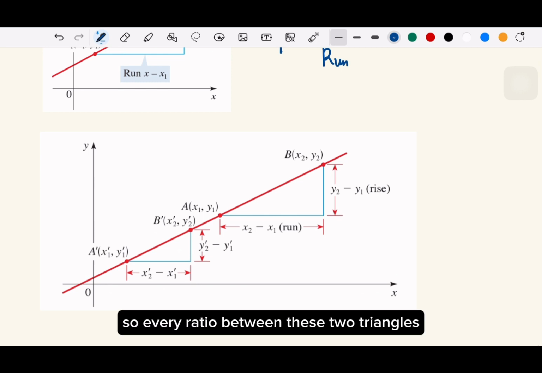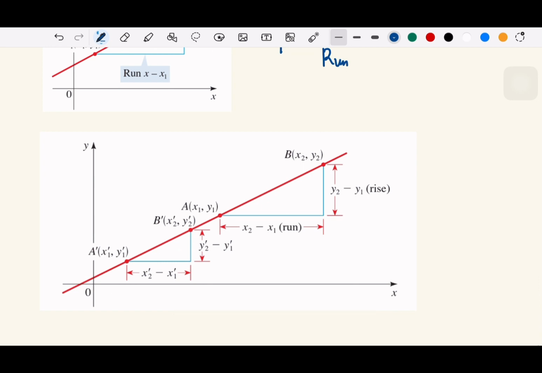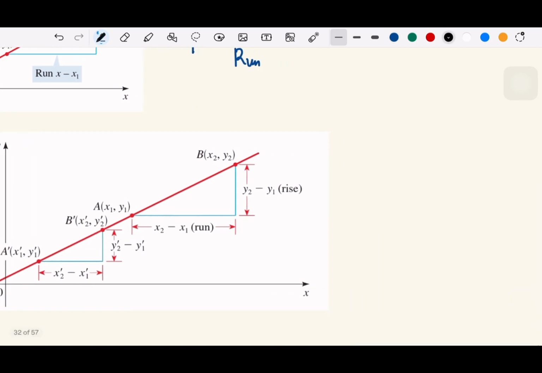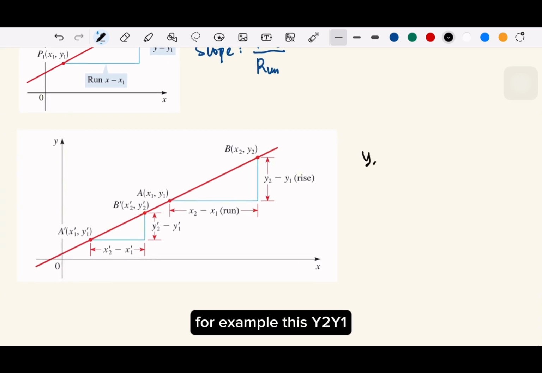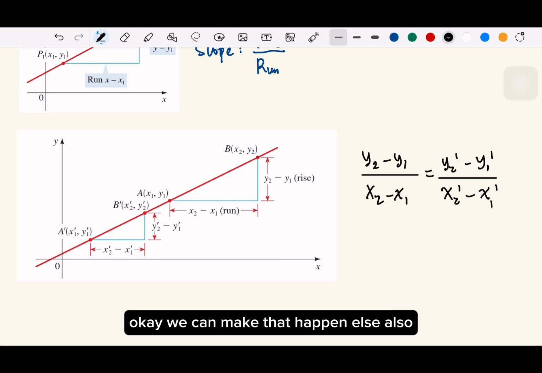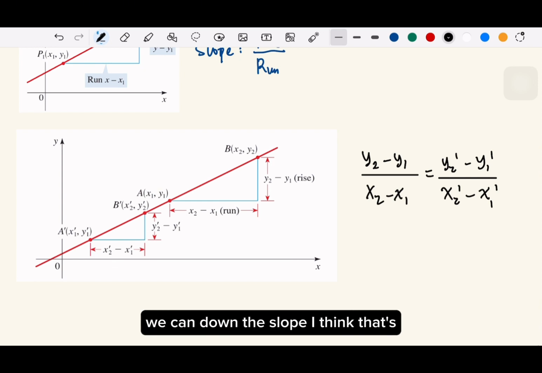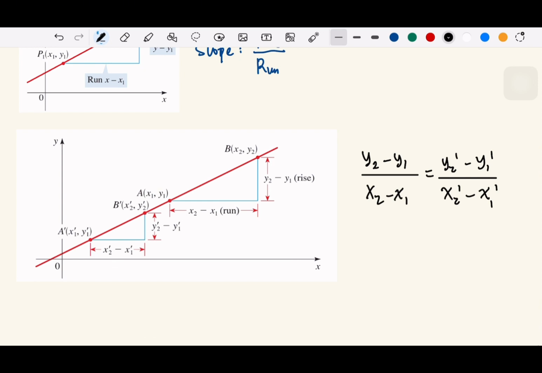Every ratio between these two triangles gives us the equation, for example y2, y1. So if we know the points, we can know the slope. I think that's quite easy.